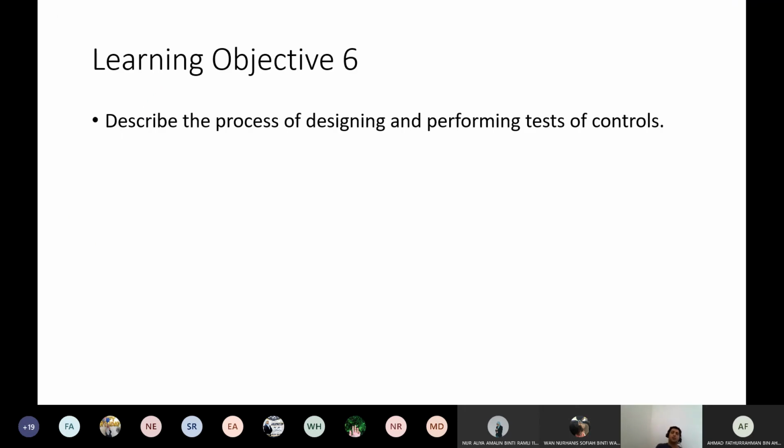Okay. Learning objective number 6 is related to describing the process of designing and performing tests of control. So up to this point, we finished obtaining and documenting understanding of internal control. Now we move to the testing of internal control.